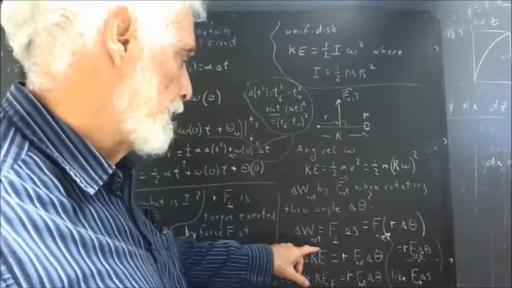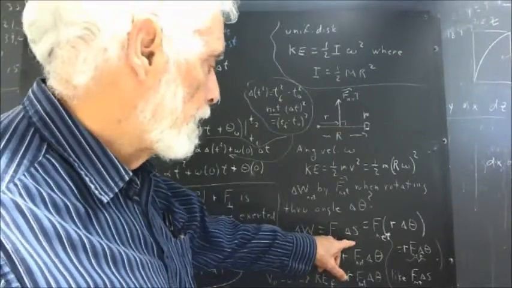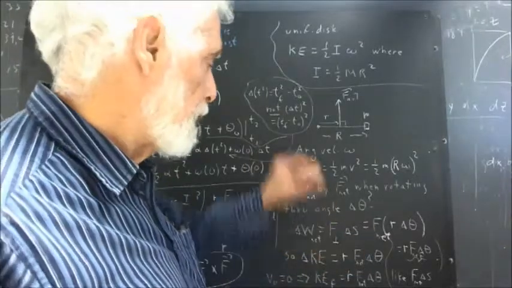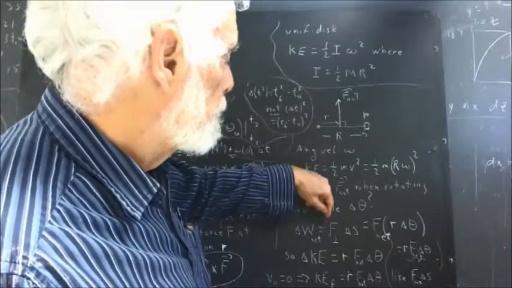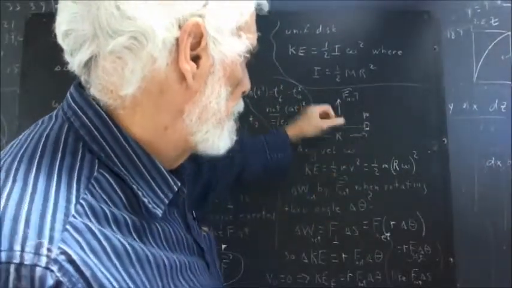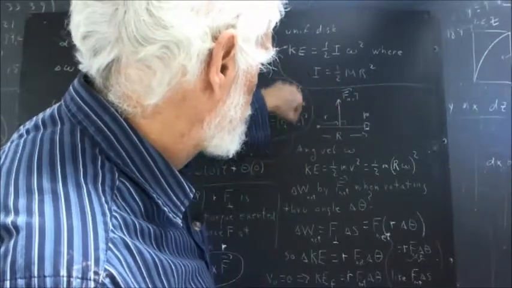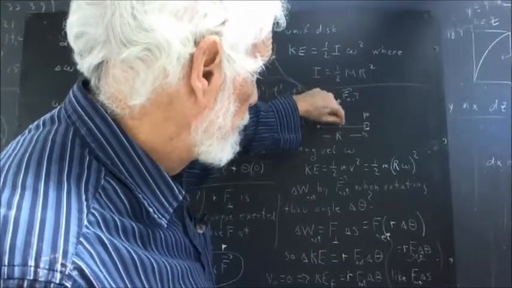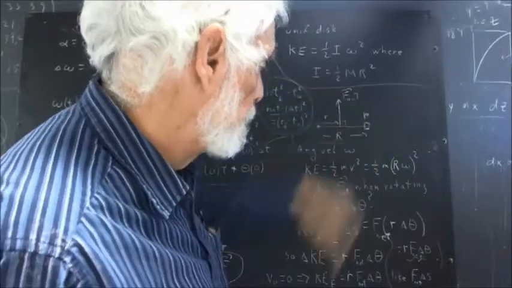So the work done by the net force is the perpendicular component of the net force times the displacement. But for any short time interval, any time increment, the force is perpendicular to the displacement, as we can see by the fact that this point is going to describe a circle, and this net force is always going to be tangent to the circle, being perpendicular to this rod.